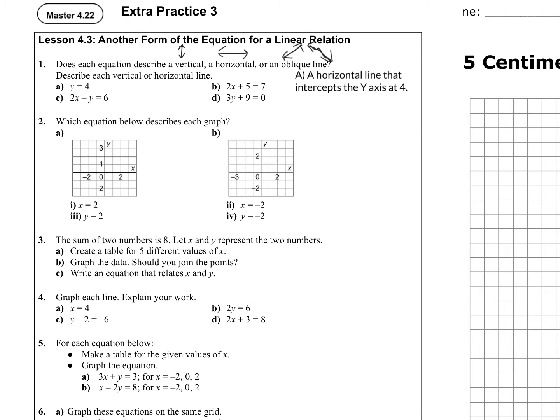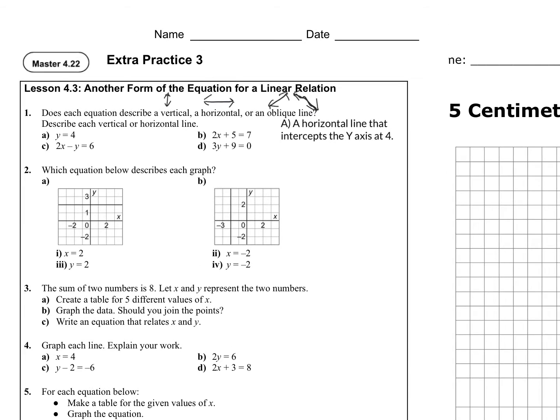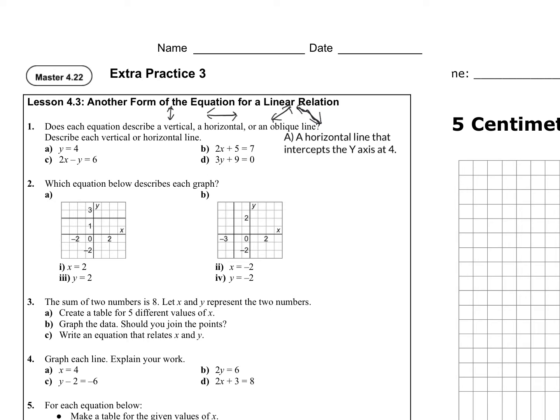If we look at B, we have 2x plus 5 equals 7. Because it wants me to describe the type of line, I have to figure out what x is when it's all by itself. So I'm just going to do a little bit of algebra.